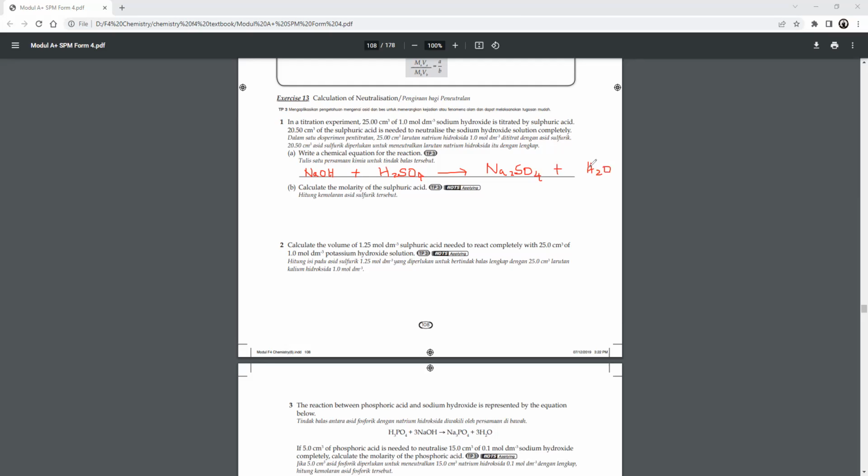Is this balanced? Help me to balance it.